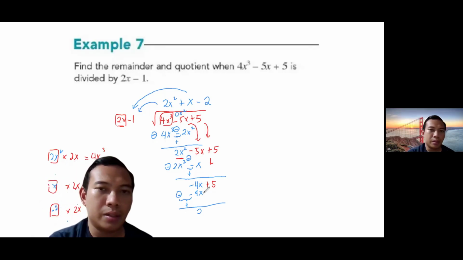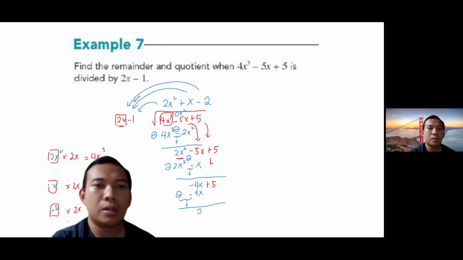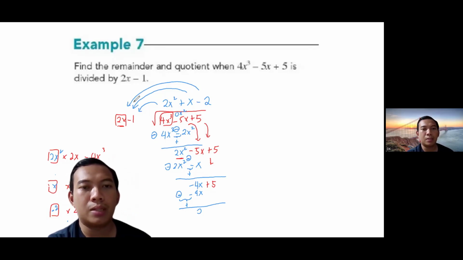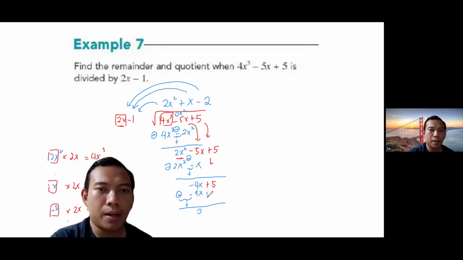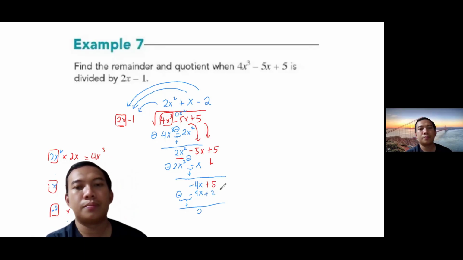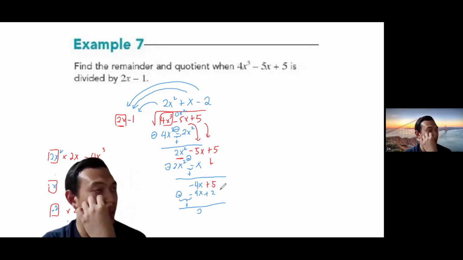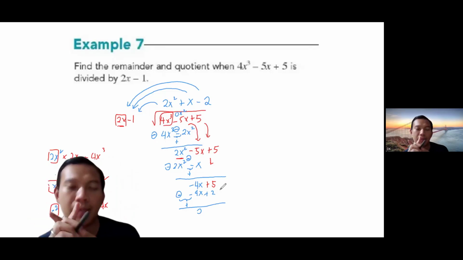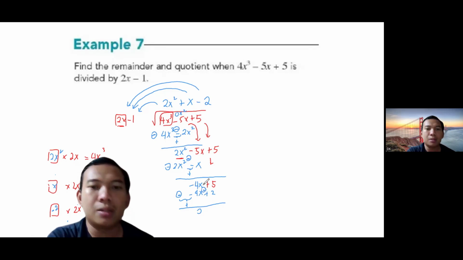Don't forget minus 2 and minus 1. Minus 2 times minus 1, you get positive 2, because minus and minus become plus. But then don't forget there's also an automatic minus.